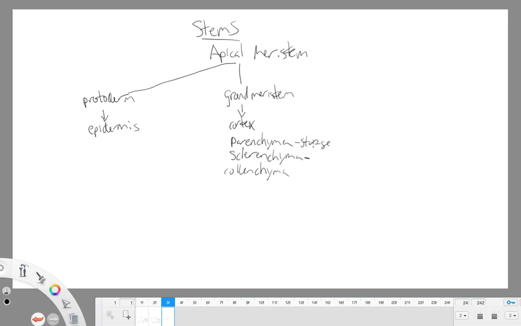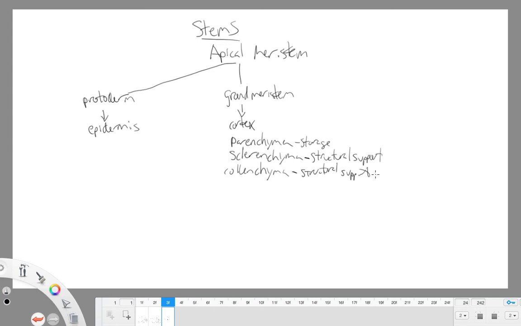This sclerenchyma is going to be the really structural support. Right, it's just cell walls, the cells are dead. And this is also structural support, but it's a more flexible support. The sclerenchyma cell walls are thickened with lignin.